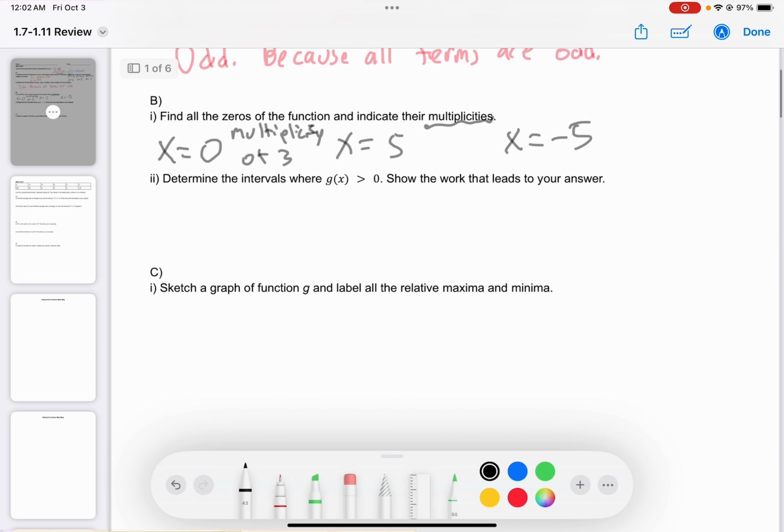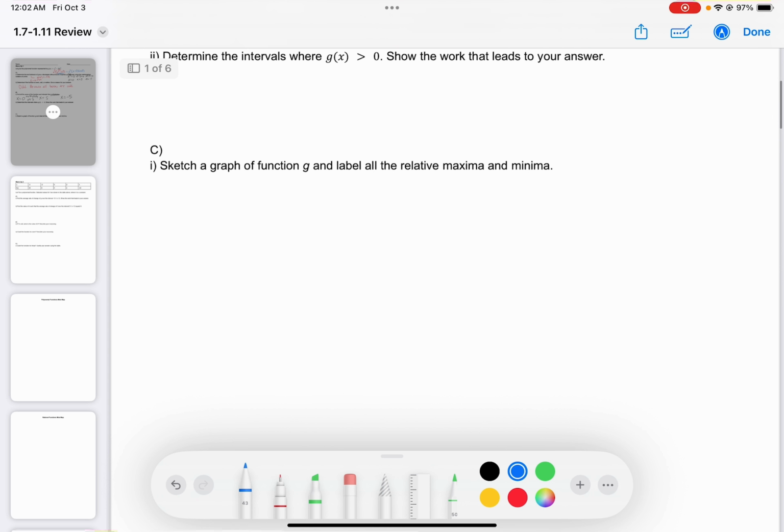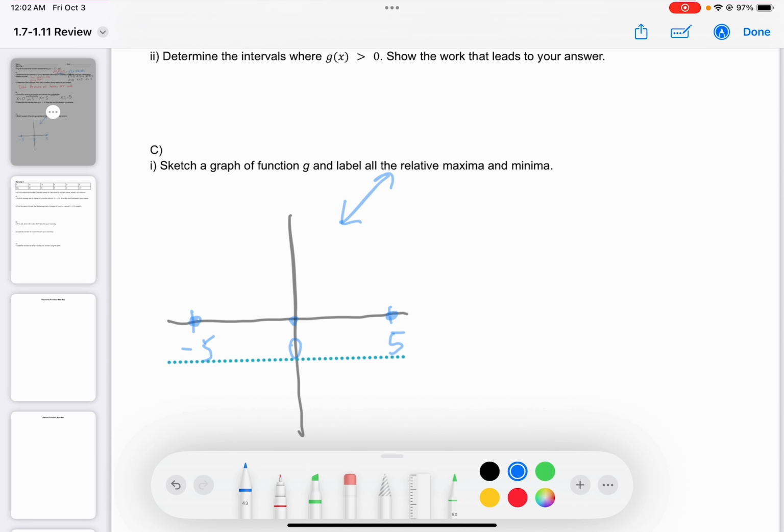All right, determine the intervals where the g of x is greater than 0. Well, to do that, we just need to sketch a graph of this function. We know we have zeros at negative 5, 0, and positive 5, and that our end behavior looks linear. So I'm going to start by coming up like this.